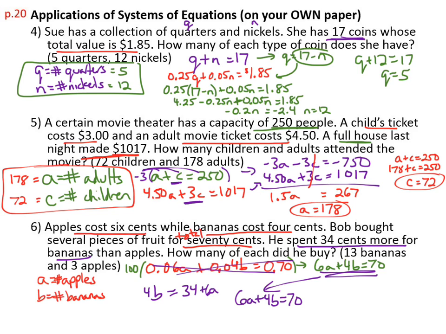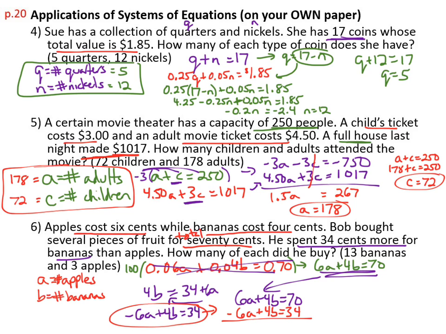If I move things around a little bit, I'm going to bring this over here, so negative 6A plus 4B equals 34. So they're both in similar forms, and we'll be able to see that we can eliminate. Negative 6A plus 4B is equal to 34.